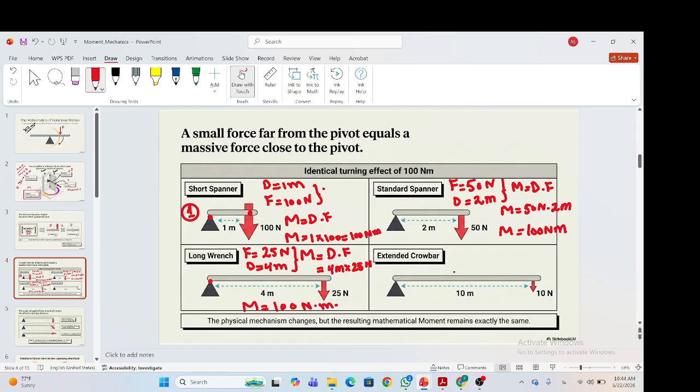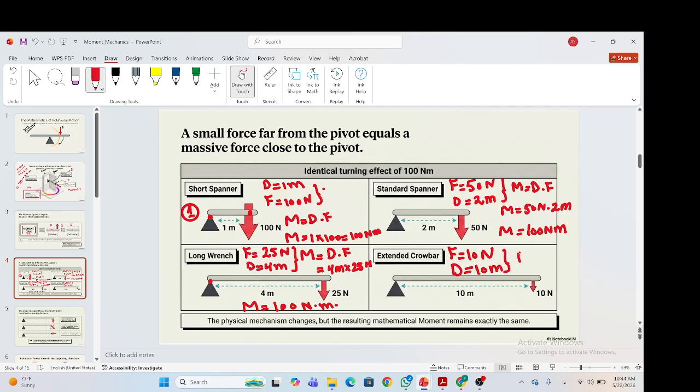Okay, now come to the fourth question. In the fourth question, it is also a screw bar, also a can opener. Here, how much force do we have? Force is equal to 10 newtons. And how much is the distance? Distance is 10 meters.